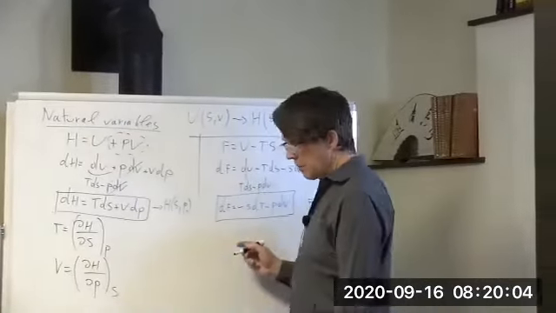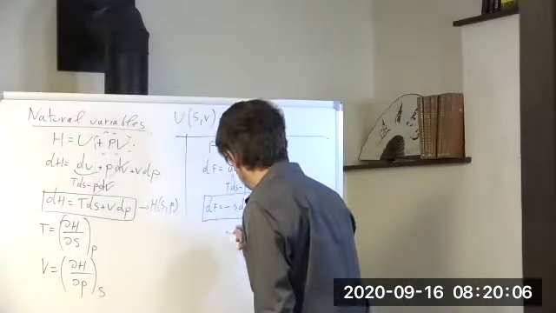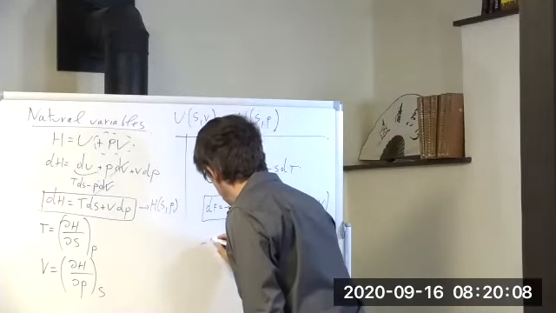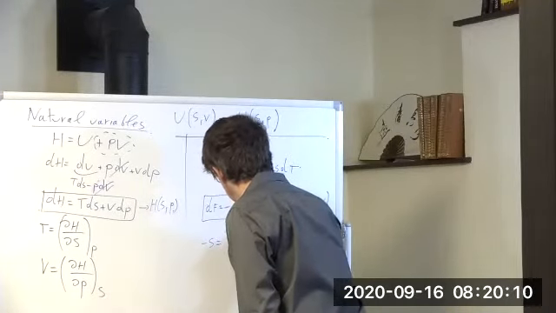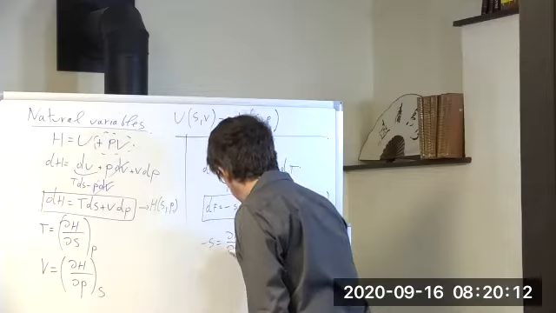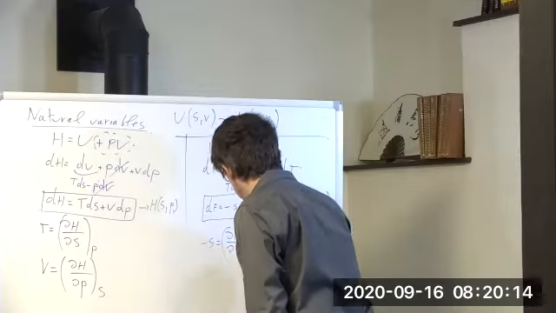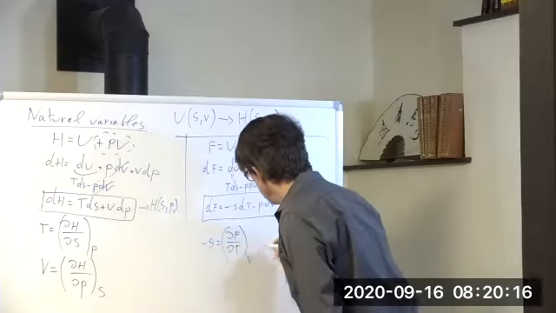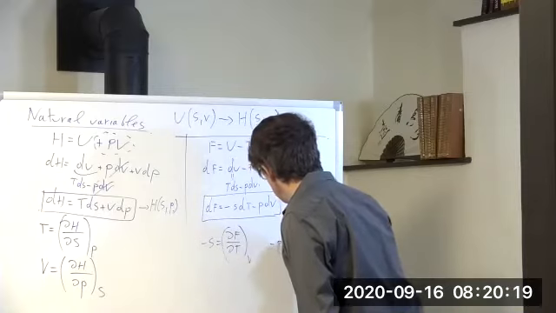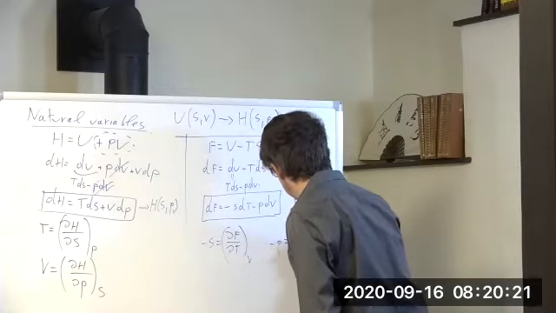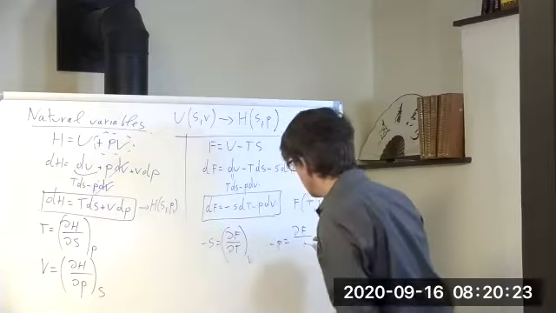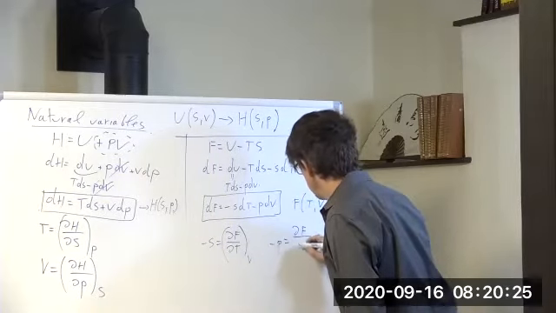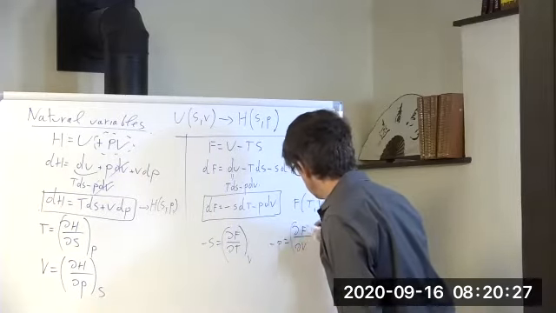I can take them in the Helmholtz free energy formalism, so I would have that minus S is dF/dT at constant V, and minus P is dF/dV at constant T.